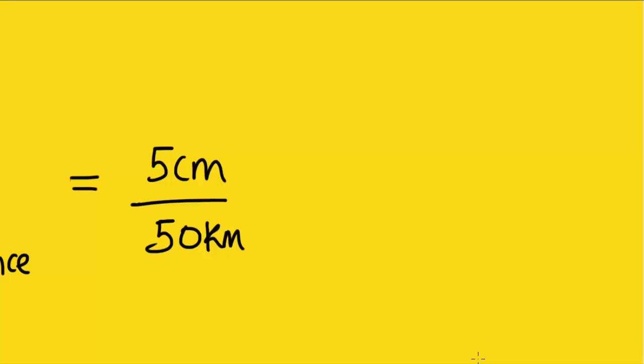And if I choose to work in centimeters, I need to convert kilometers to centimeters. I need to convert 50 kilometers to centimeters. How do I do that? Well, 1 kilometer is 100,000 centimeters.